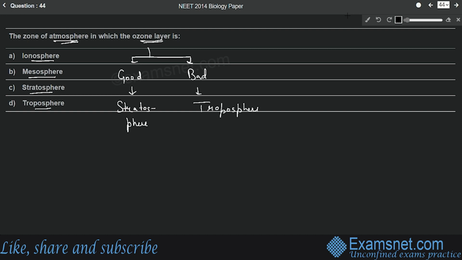But if the specific type of ozone is not mentioned, then we have to assume that we are talking about the good ozone. Okay, so good ozone is found in the stratosphere, which acts as a shield to protect us from the harmful radiation of the sun. Okay, harmful UV radiations. So option number C, stratosphere, will be the correct answer.